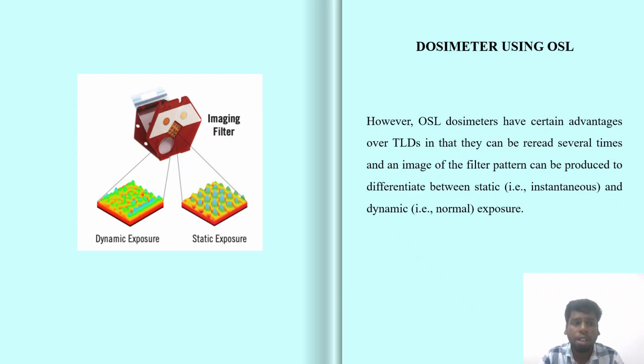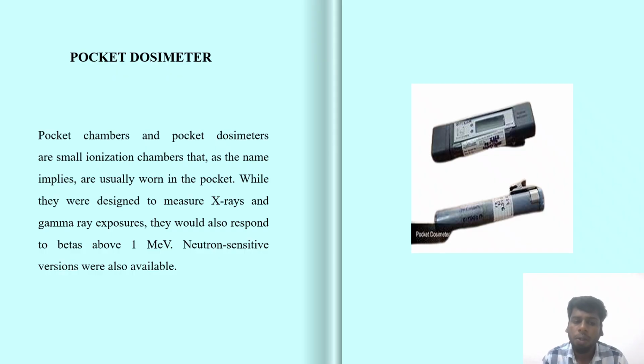The difference between static and dynamic exposure. For example, a static dosimeter remains in a fixed position relative to the radiation source, so the radiation field around it does not change with time. We use static dosimeters as personal dosimeters worn on the body by people who work in a radiation field during routine work.